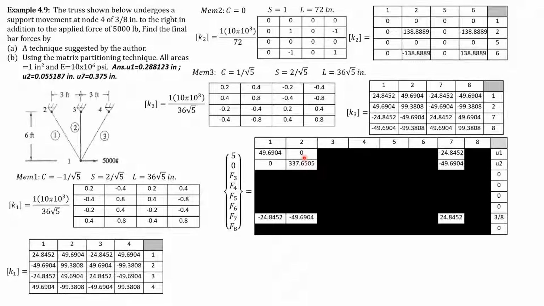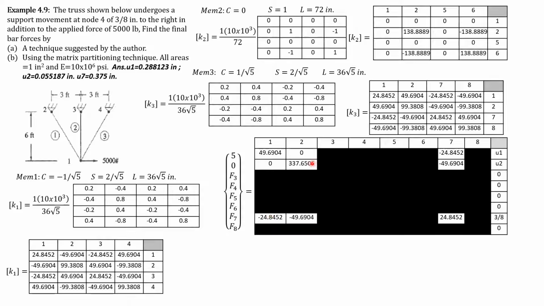Then 2, 1 also is 0. Then for this cell here, this is row 1, column 7. There's none here, there's none here, then it's only here. Row 1, column 7, negative 24.8452. Then 7, 1 is also negative 24.8452 by symmetry.